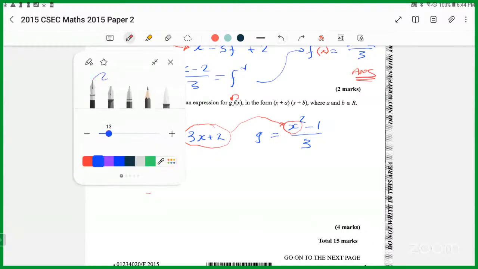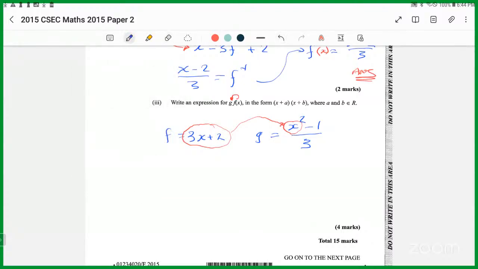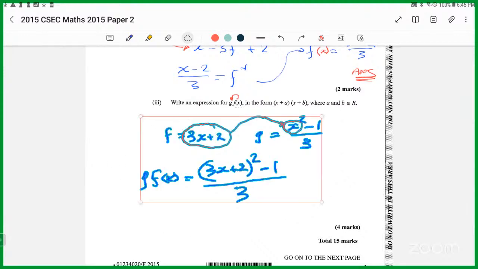So g of f of x becomes 3x plus 2, and you square that, minus 1, and divide that by 3. But I want us to expand it out and then factorize it. So we're going to have to expand this out and then factorize it. We don't have a lot of space to work, so let me make this a little bit smaller and zoom in.